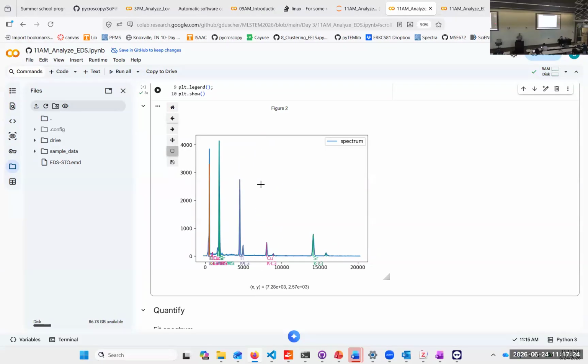So that way, even overlapping edges would not obscure your positioning. A lot of software finds fluorine in your spectra.